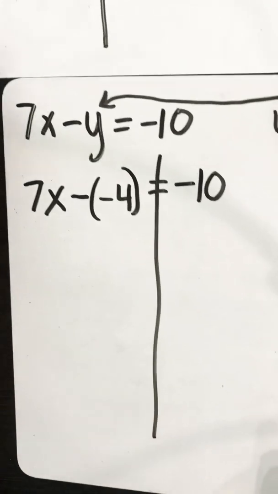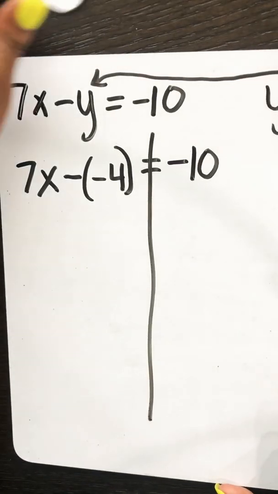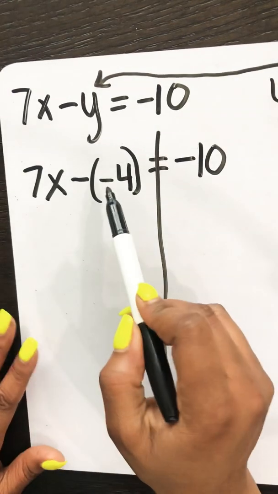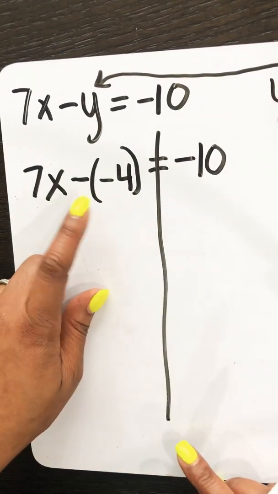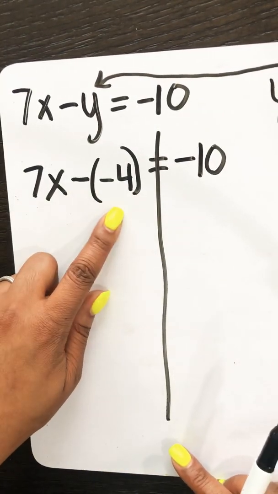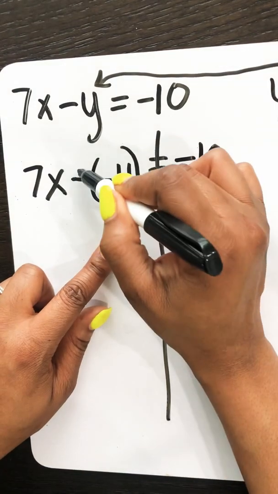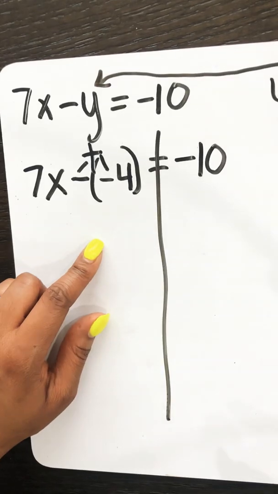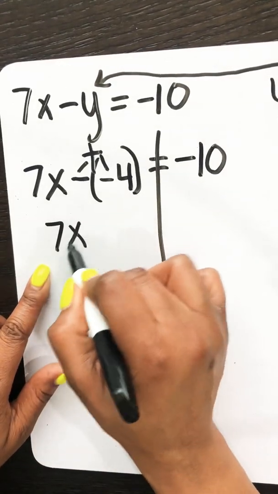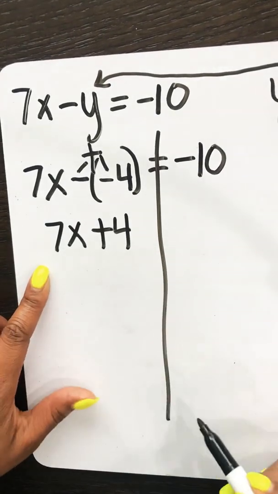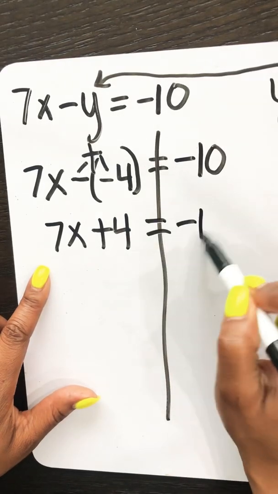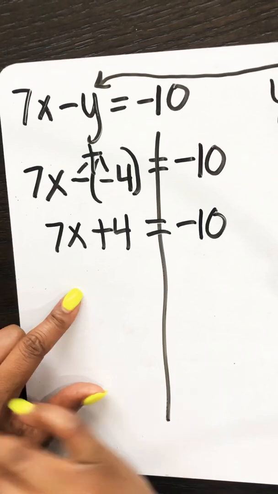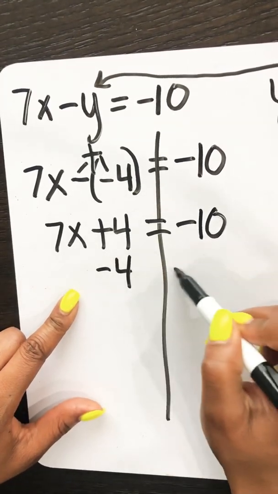So now we are in a position to solve for x. First thing we want to do is address this double negative here. When you subtract a negative, what happens? It becomes a plus. It would become 7x plus 4 equals negative 10. So now we can just solve for x. We would start by subtracting 4 from both sides.